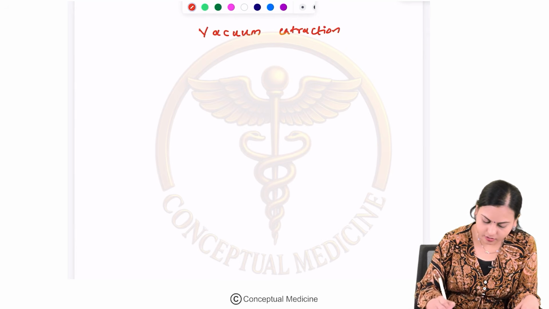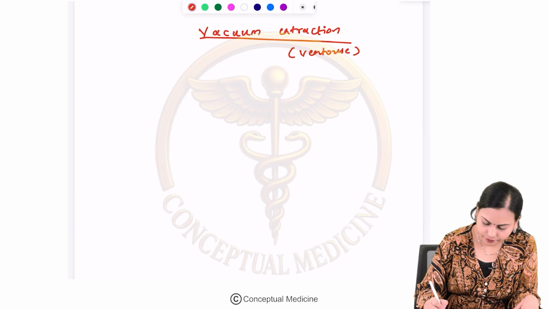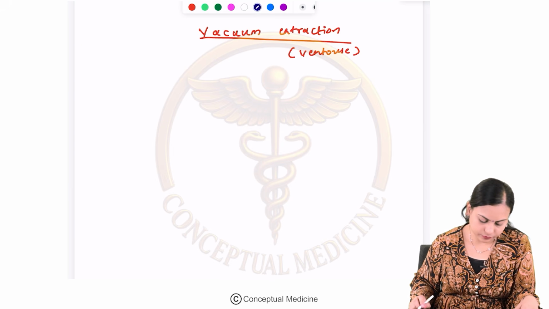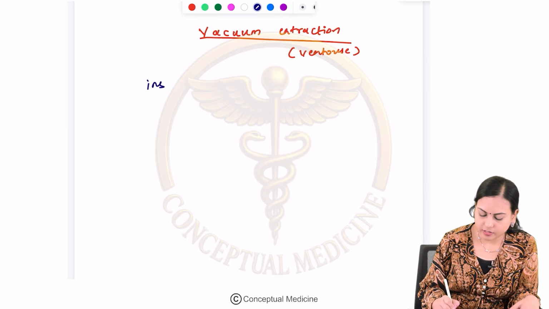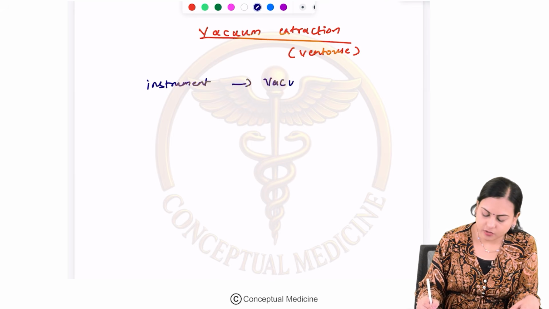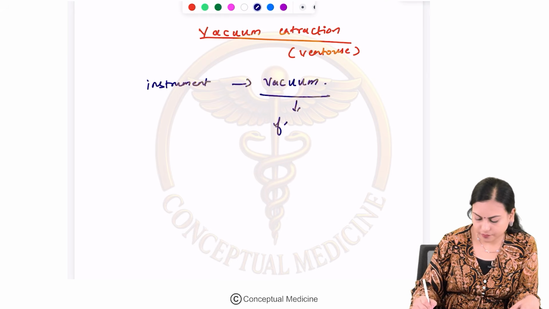Vacuum extraction or venous. See, this is an instrument that is designed to create a vacuum. Okay. So, vacuum is created between the instrument and the fetal head.